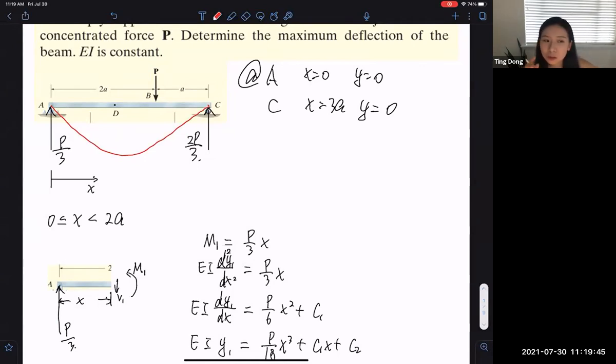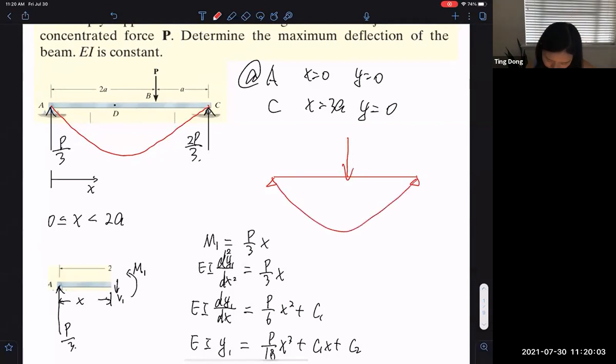So what are the extra two boundary conditions? I think in one class I said that if the geometry is symmetric, the boundary condition is symmetric, and the loading is at the middle point, of course we know the deformation curve is also symmetric. So it's obvious that where the force is applied, at the middle point of the beam, the slope is 0.